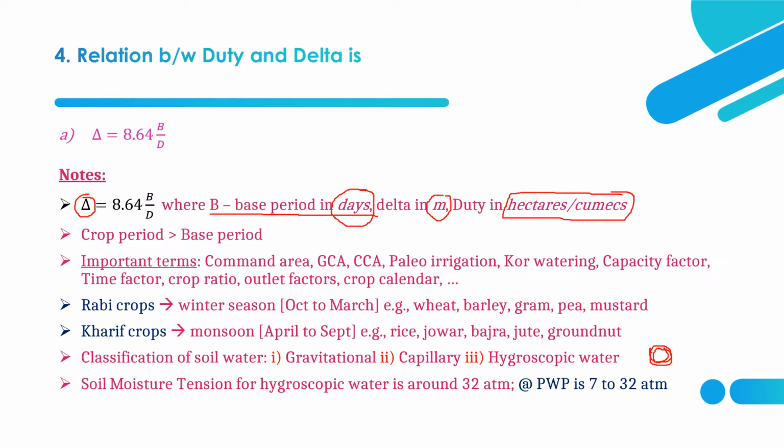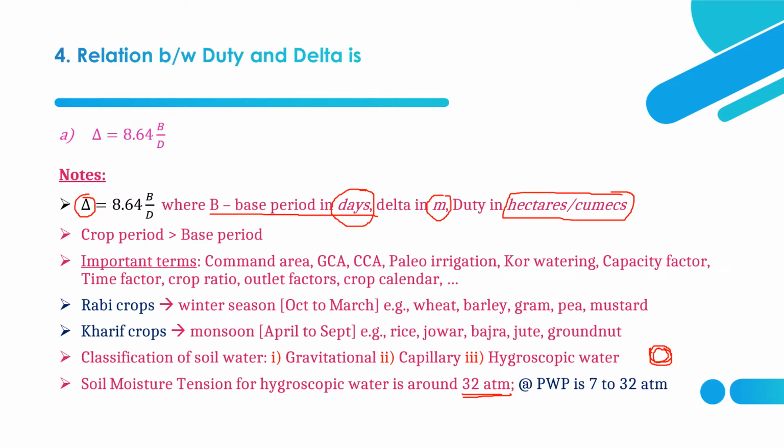This hygroscopic water cannot be removed easily from the soil particles as it is held by a soil moisture tension of 32 atmosphere. Soil moisture tension for hygroscopic water is around 32 atmospheric pressure, so that's why it cannot be removed that easily. So that means this hygroscopic water is not available for plant use.